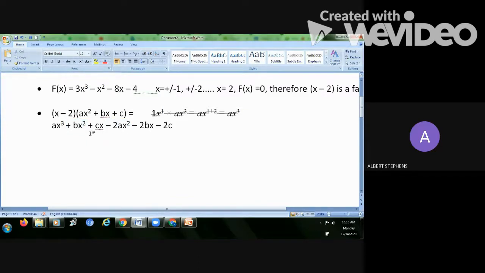So how do we know what is common? You look at the variable x squared, x squared, and then what's also common is x and x. So I'm gonna write back ax cubed. And I'm gonna group plus bx squared and -2ax squared.